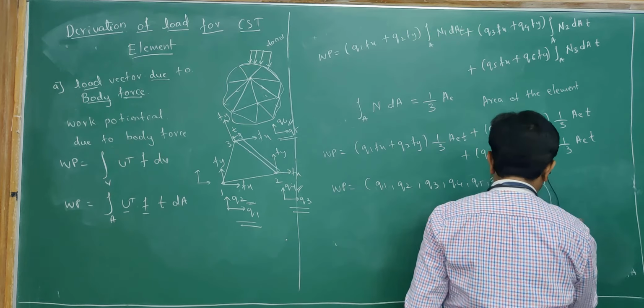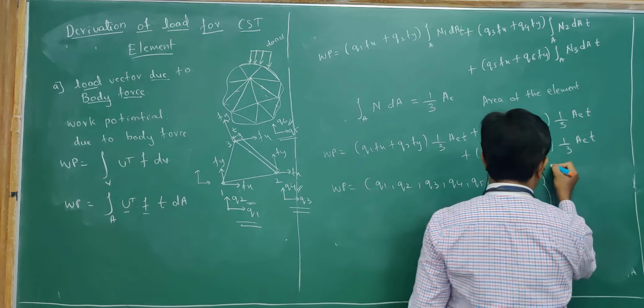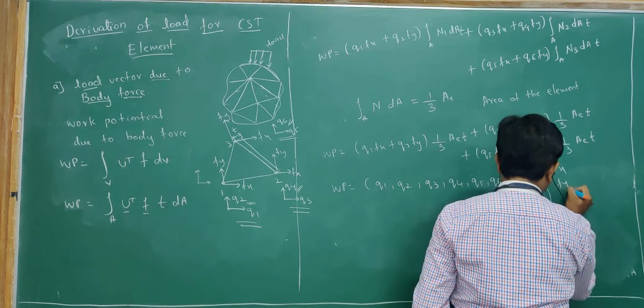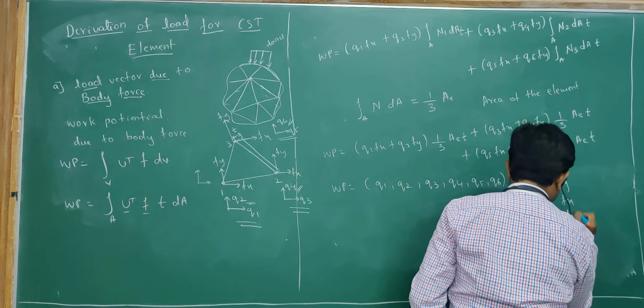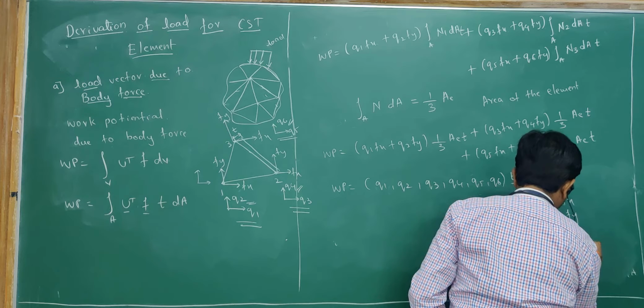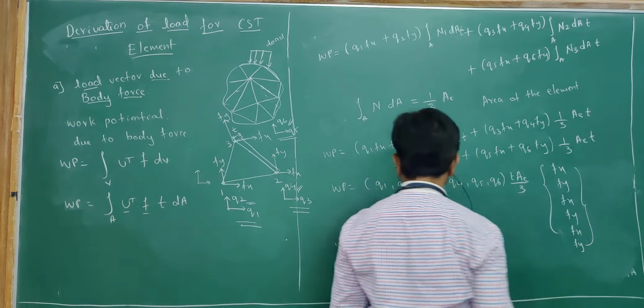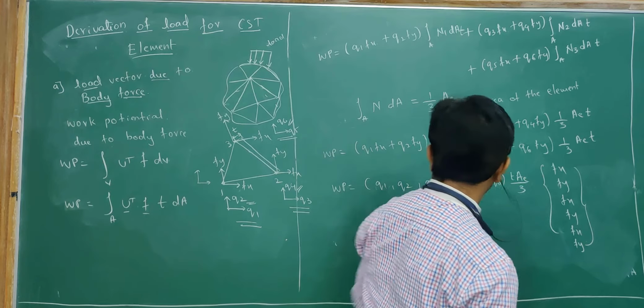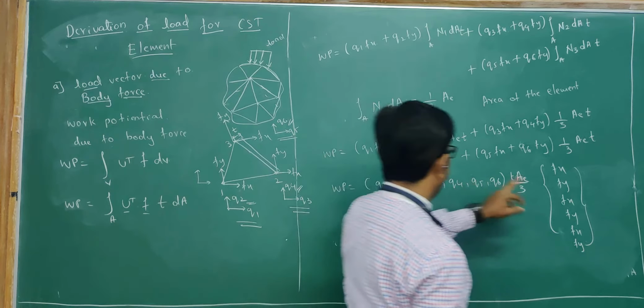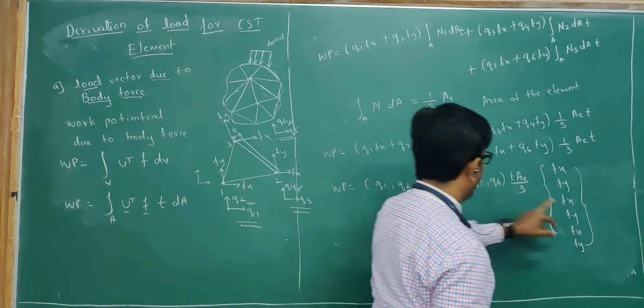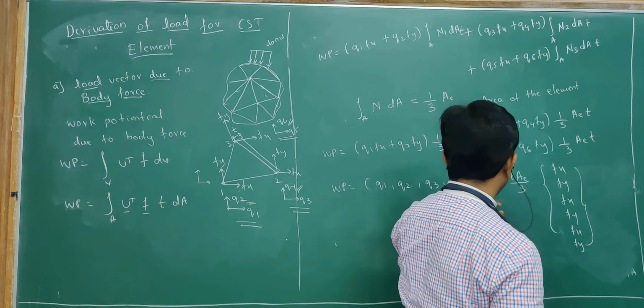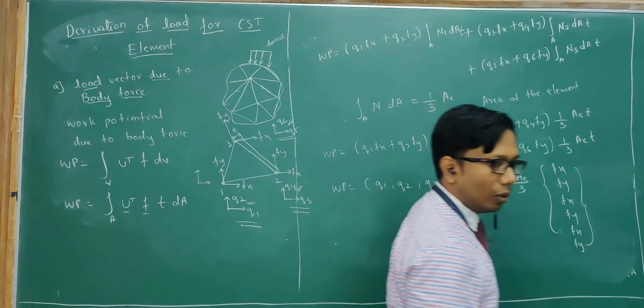If I write it in a matrix form, this will be Fx, Fy, Fx, Fy, and Fx, Fy. So if I multiply them, Q1 into Fx plus Q2 into Fy plus Q3 into Fx, Q4 into Fy, Q5 into Fx, and Q6 into Fy.